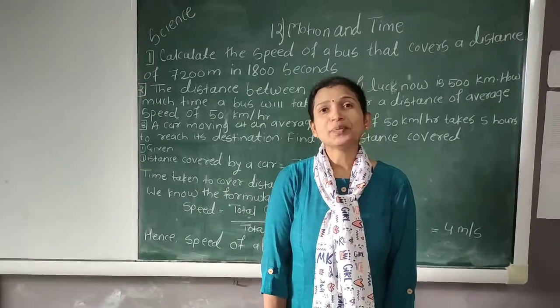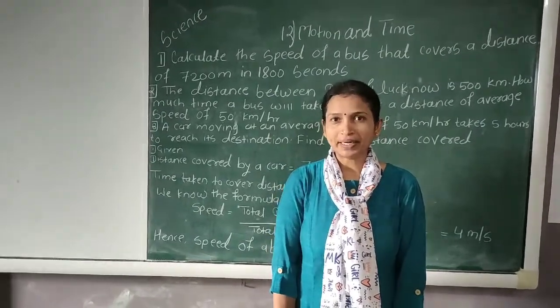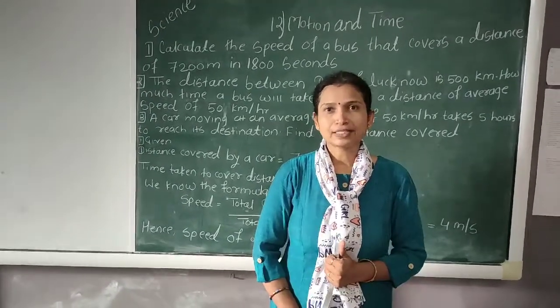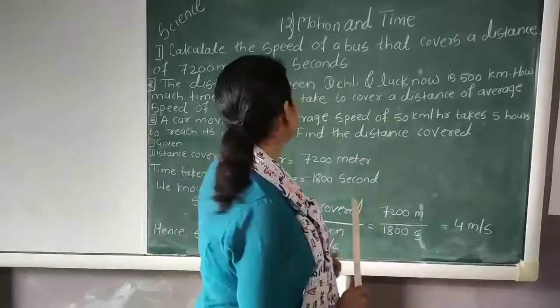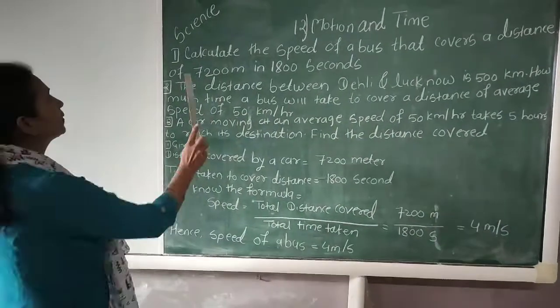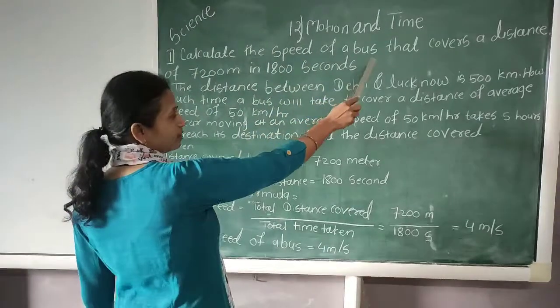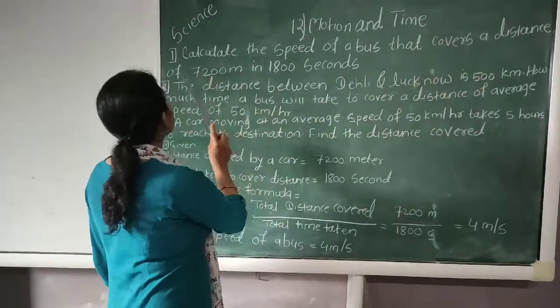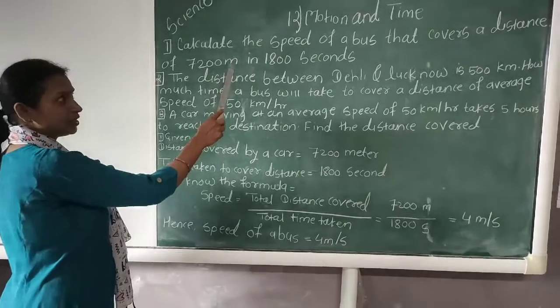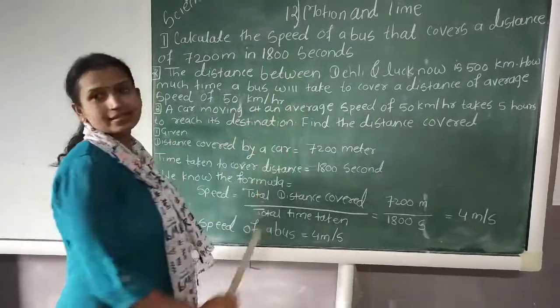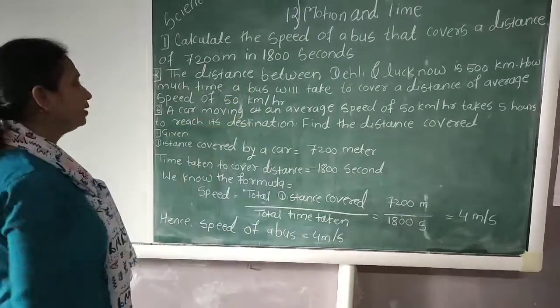Students, we will solve numericals based on speed. We are going to find out the answer of the numerical in this way. Question is, calculate the speed of a bus that covers a distance of 7200 meters in 1800 seconds. So this is the numerical.